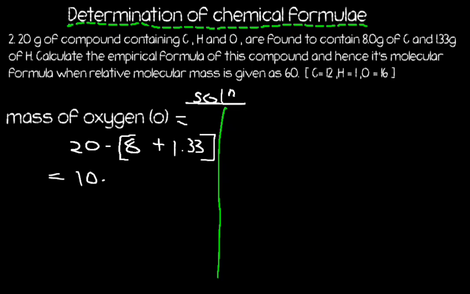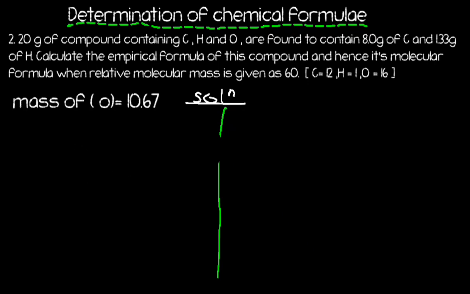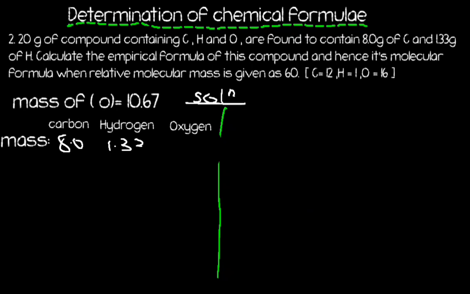The mass of oxygen is equal to 20 minus 8 plus 1.33, and we had an answer of 10.67 grams. So for carbon, hydrogen, and oxygen, their masses are 8, 1.33, 10.67.